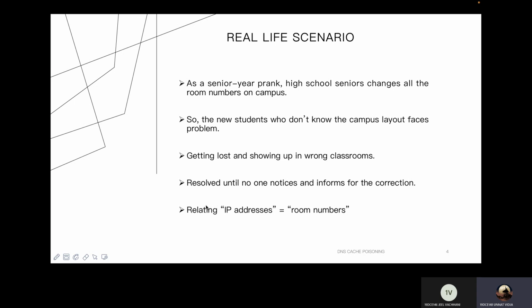So let's see how this DNS cache poisoning is related to a real life scenario. For example, we are taking college students, where senior year students are pranking juniors, changing all the room numbers of the campus. What we relate to the real life scenario is that they are changing all the necessary and needed information for the users, compared to juniors, and the seniors are working as attackers.